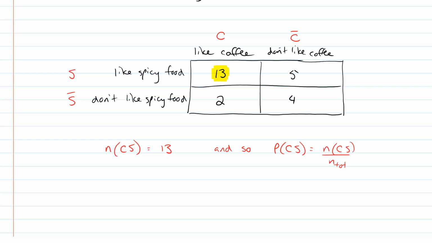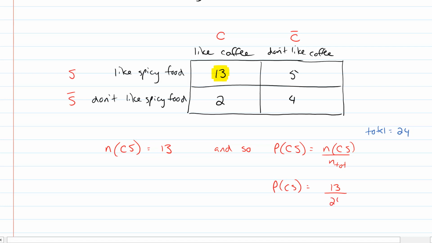So if we take all of those numbers and add them together, then the total is 24 students. So then our probability of being a coffee drinker who likes spicy food is going to be, well, we found that the number of coffee drinkers who like spicy food is 13, and the total number of students is 24, and so we have our fraction.